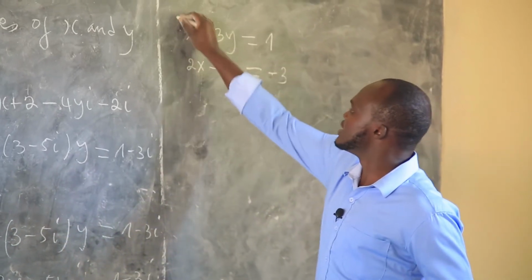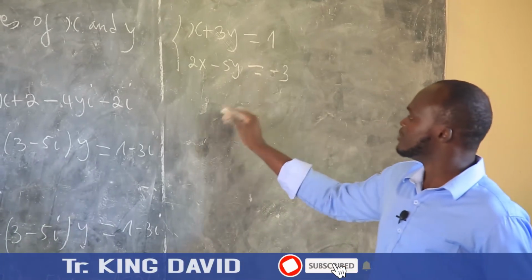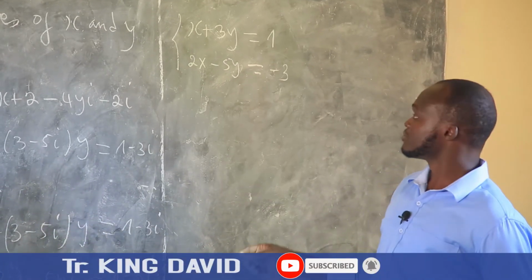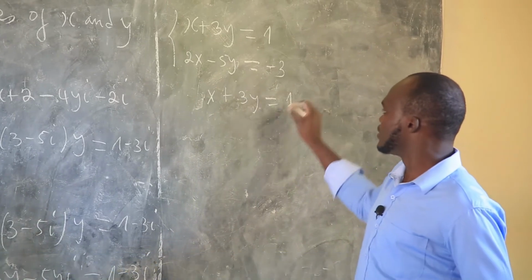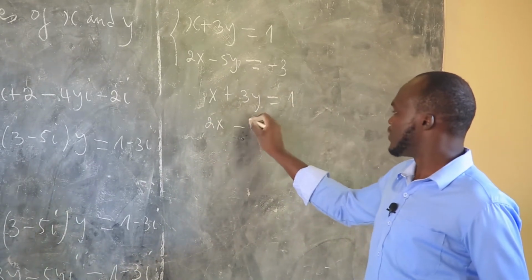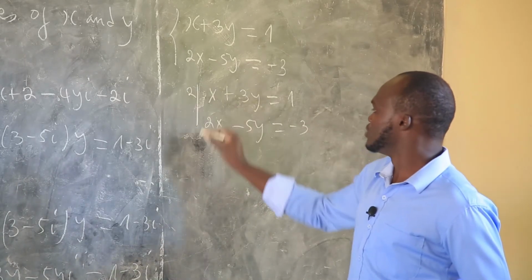You see now, this is a simultaneous equation. We're going to solve this one. How do we solve this one? We can use the elimination method. So this is x plus 3y equals 1, and 2x minus 5y equals negative 3. So we multiply here by 2, and here by 1.